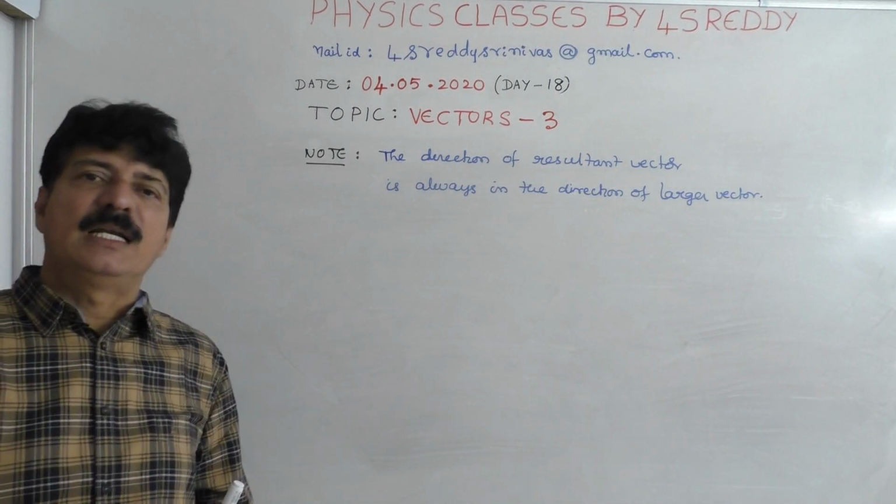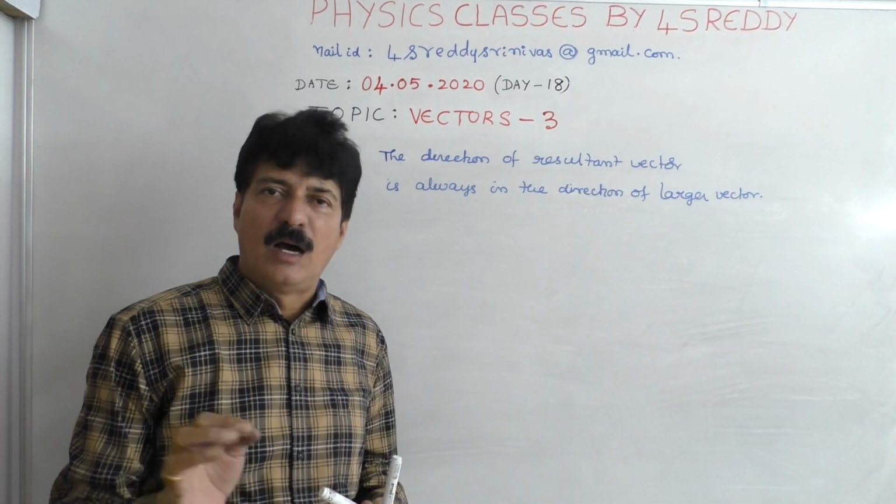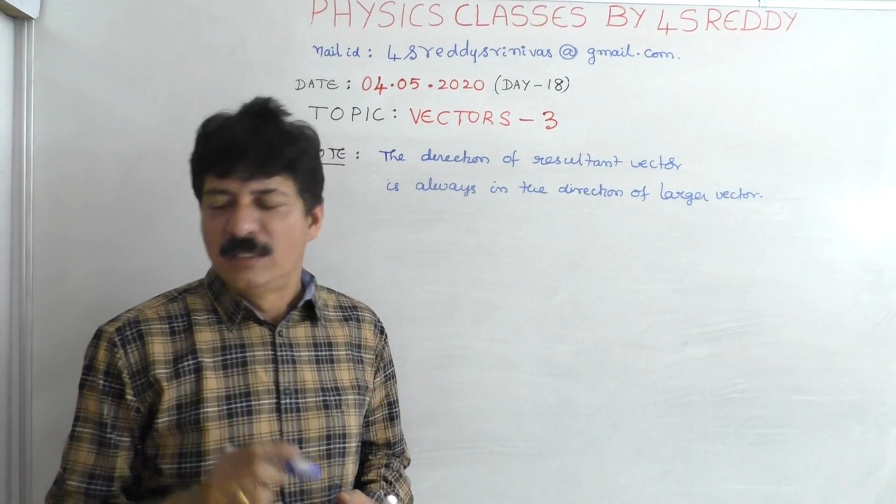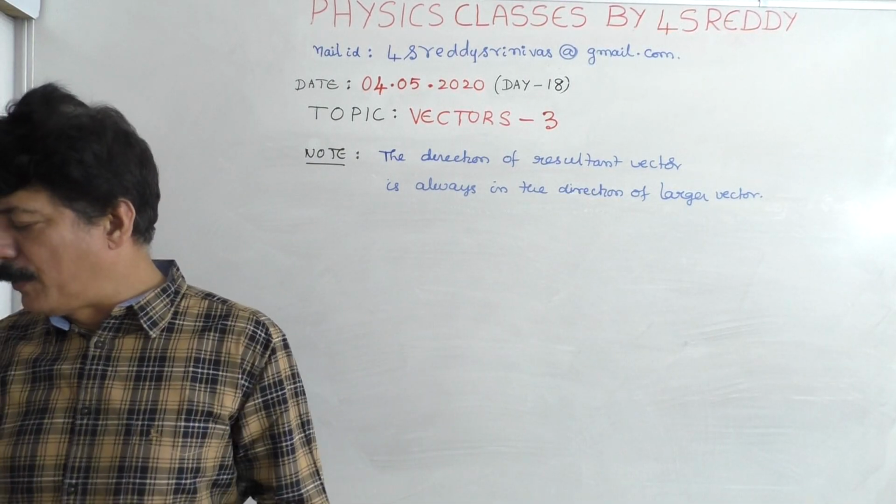The direction of resultant vector is always in the direction of larger vector. These are the points we have.